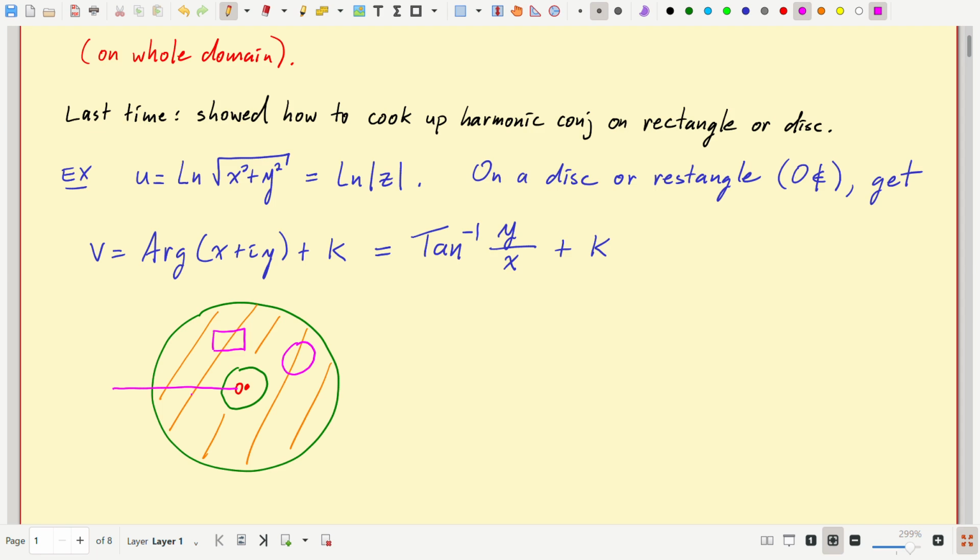So if I try to start out with a v in one of those, that little purple disc, and try to piece them together, when I get to that spot, I run into an issue. That's exactly the hang-up with a hole.